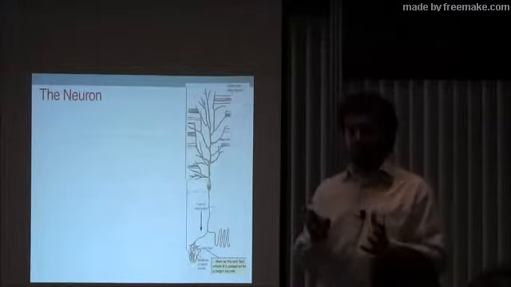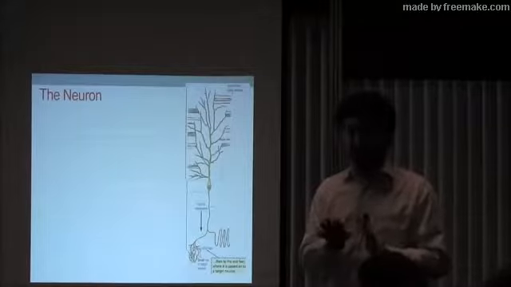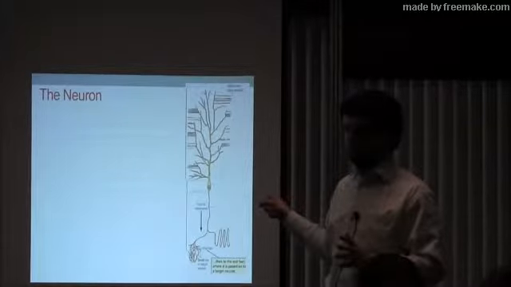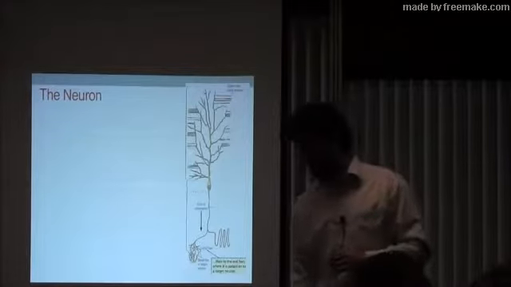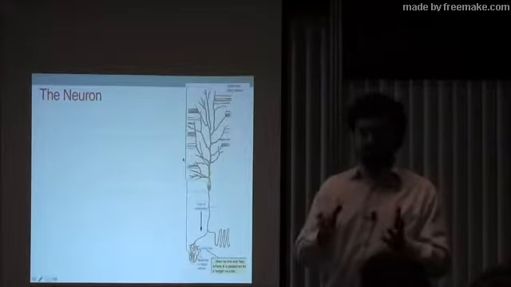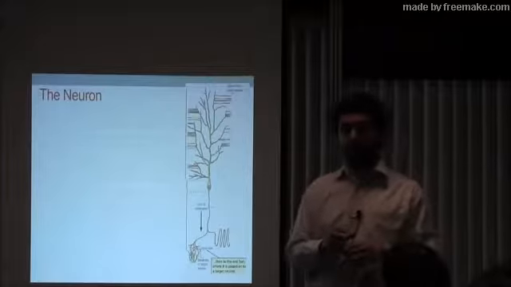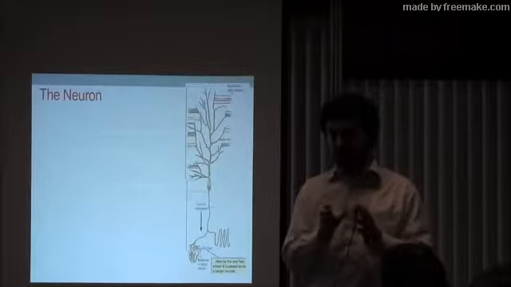So this is a general view of what a neuron looks like in the central nervous system. You never, ever see a neuron like this, by the way. This is the perfect example of a neuron. But generally speaking, neurons have three major components.